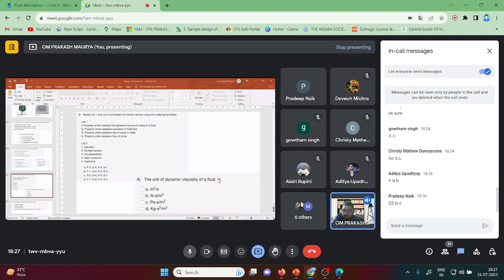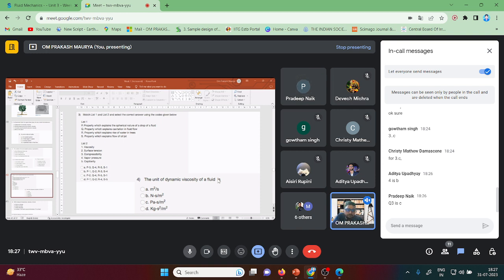In question number 3, if you see S in list 1, the property which explains the flow of an oil jet is directly related to viscosity.